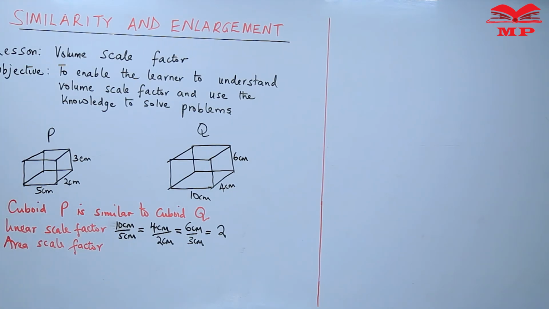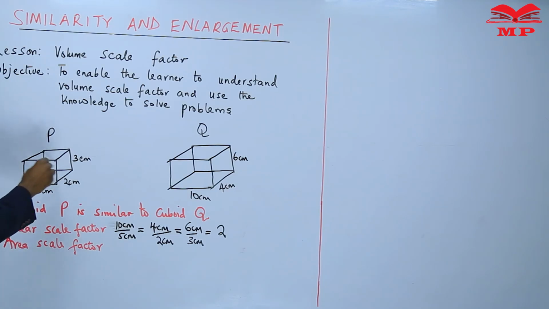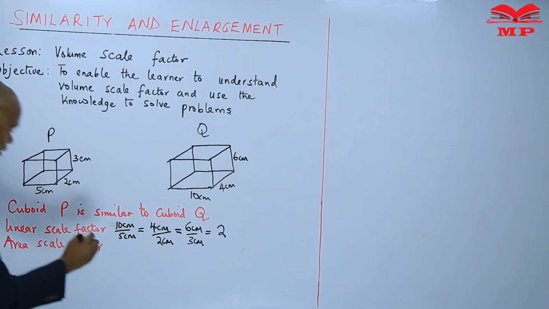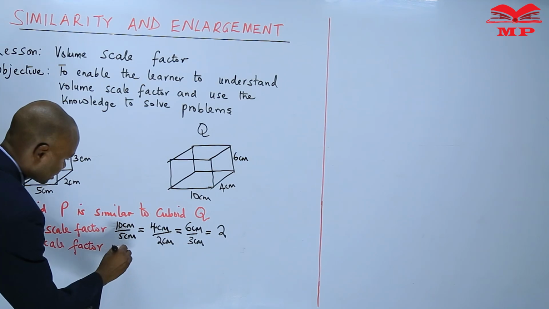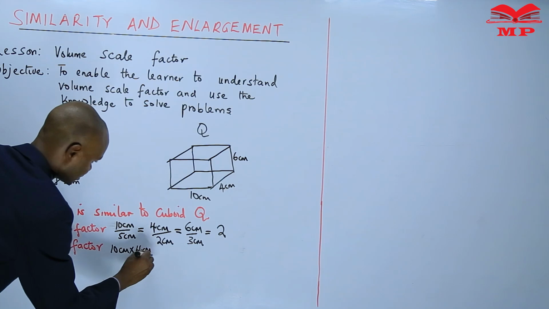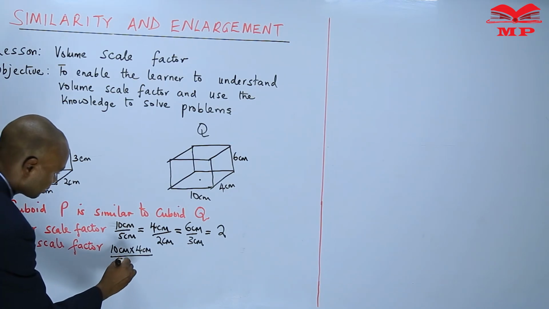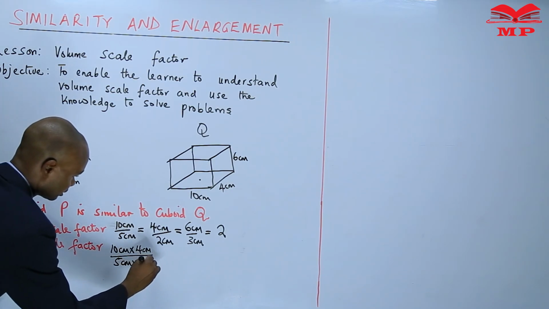In each case, you can take the base, 10 centimeters times 4 centimeters, and divide by its corresponding plane, 5 centimeters times 2 centimeters.